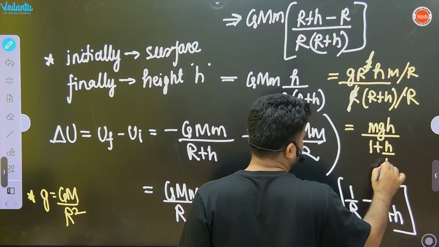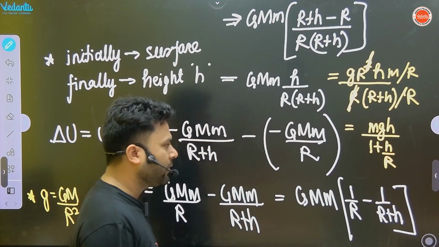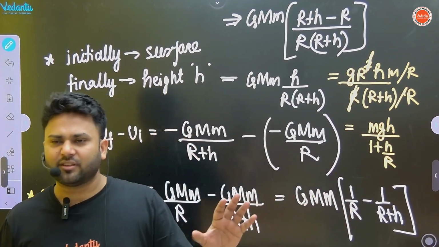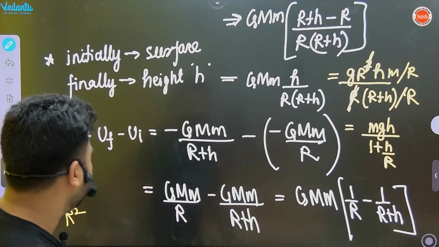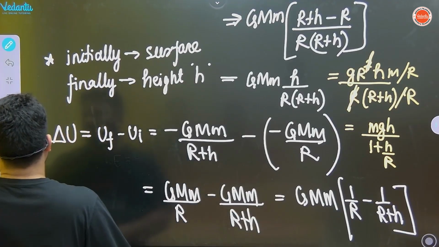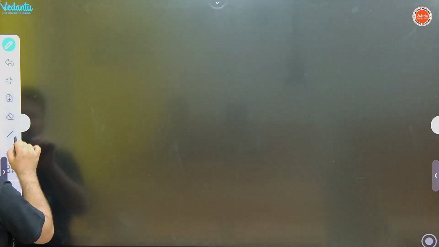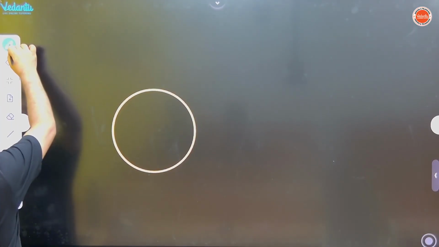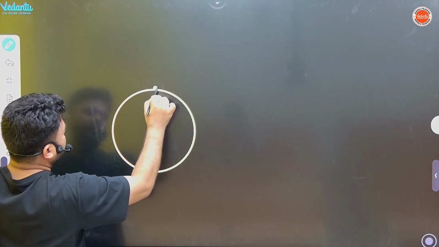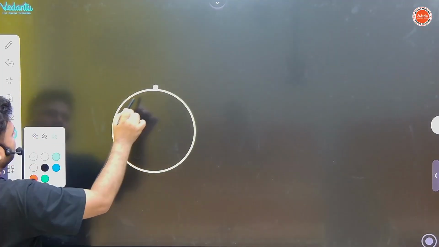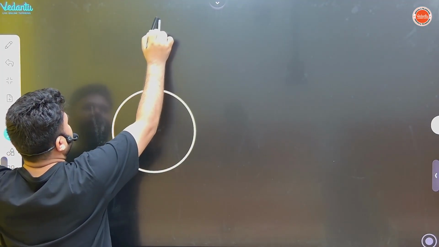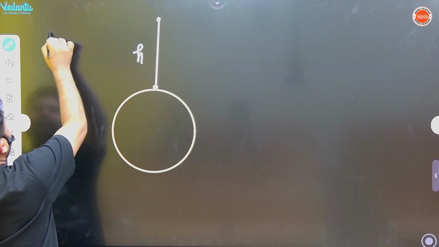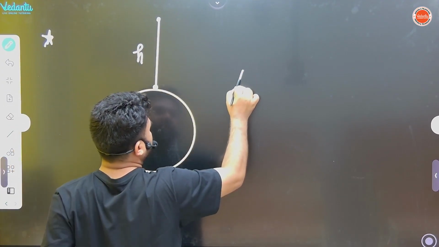Now this is a very important result. See, proof I have done. What is the conclusion? This is the derivation. Derivation no need to remember, but still I am telling you that if there is one object and you are lifting the object from the surface of the earth to a height h, then they ask, what is the change in potential energy?